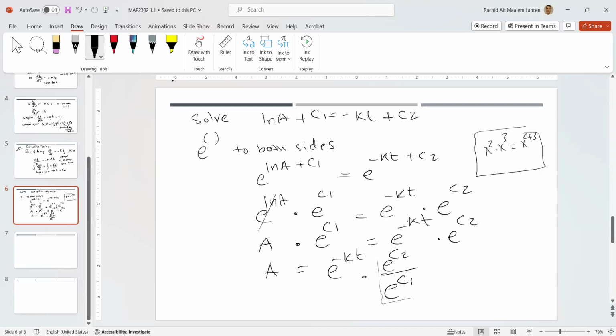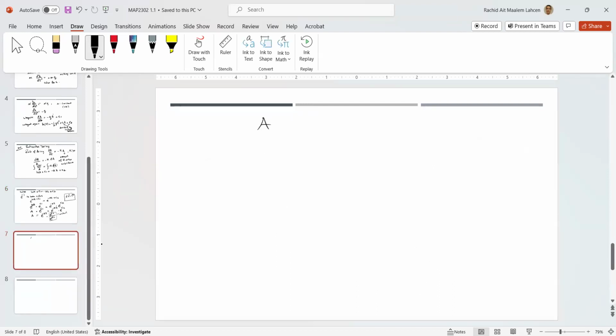So this is all some constant. All right. And that gives us, in terms of t, e to negative kt times that constant.